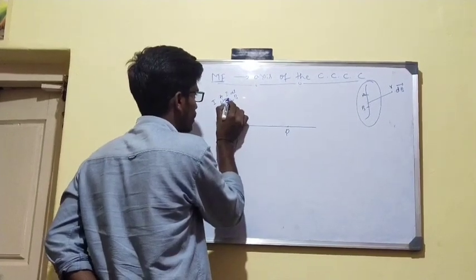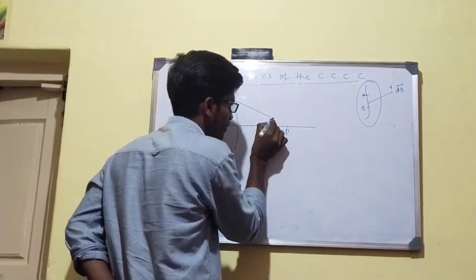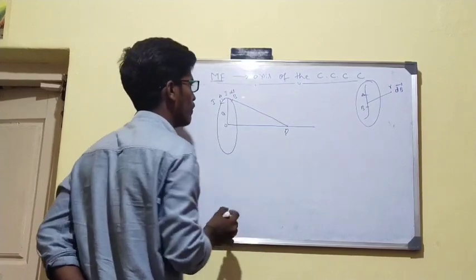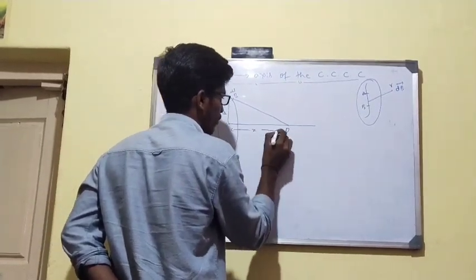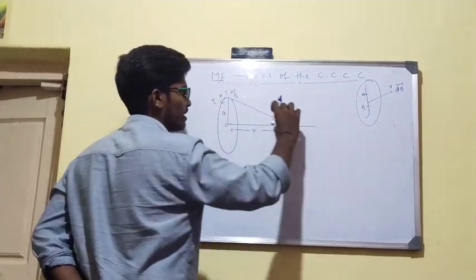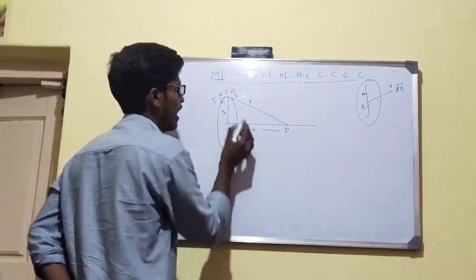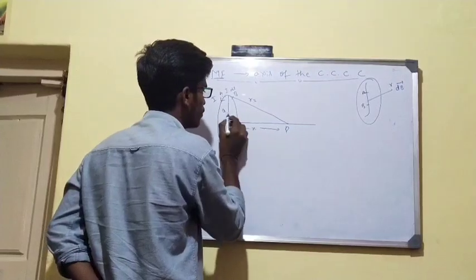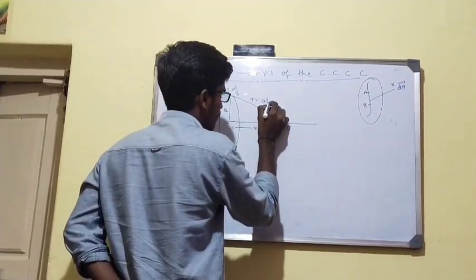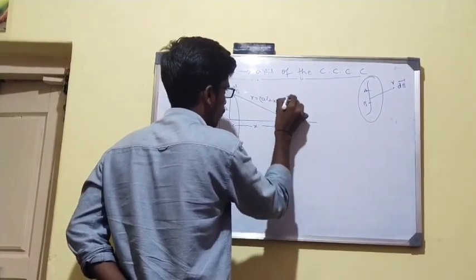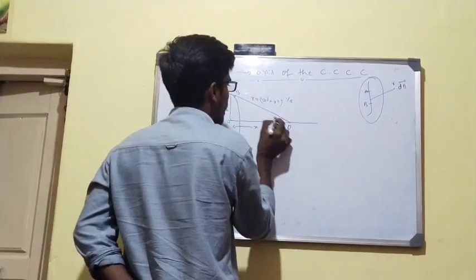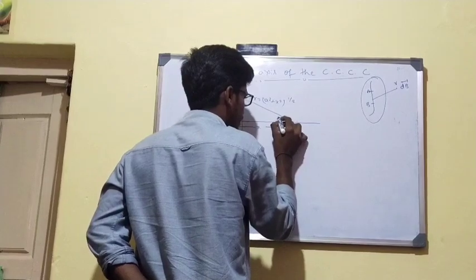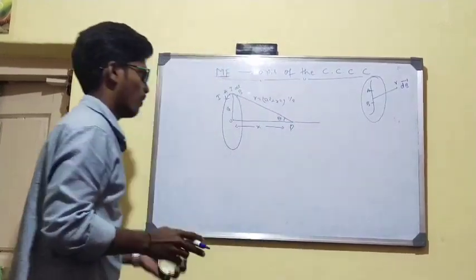Now I am going to join this current element AB to the point P. This point P is at a distance x from the center of the coil, and the distance between the current element and the point is r. And that r has the value (a square plus x square) whole raised to the power of 1 by 2. Now, this line makes an angle theta with the axis of the circular coil.